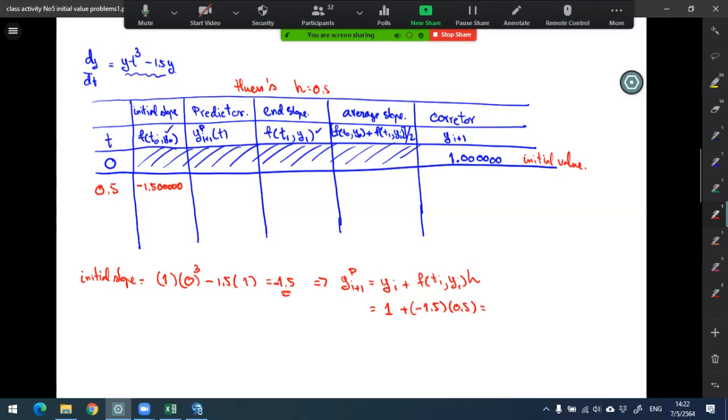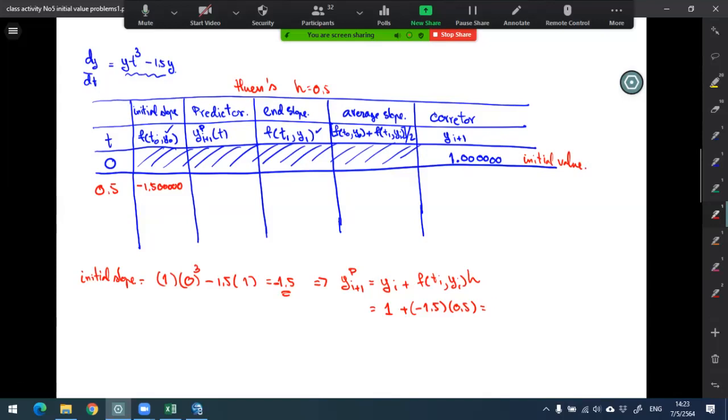Am I wrong? yi equal to 1 plus f(x,y). I'm sorry, it should be 0.5.